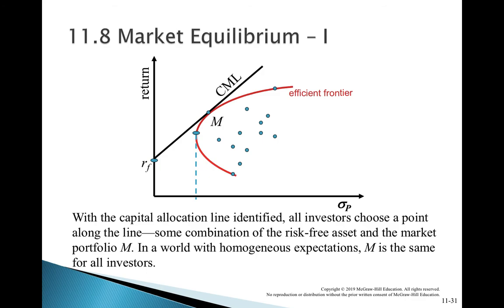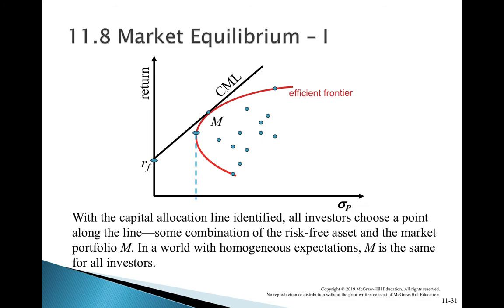With the capital allocation line identified here as the CML, all investors choose a point along the line, some combination of risk-free asset and the market portfolio M. To what extent risk-free asset and market portfolio depends on the risk appetite. In a world with homogeneous expectations, everyone's expectation remains the same.